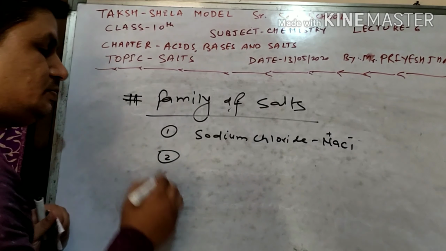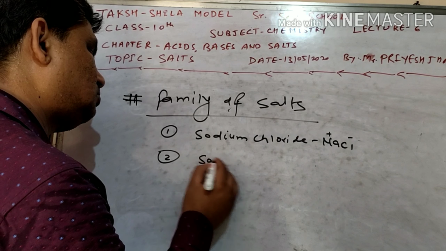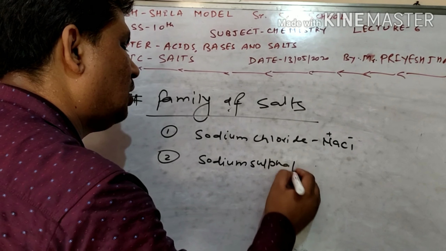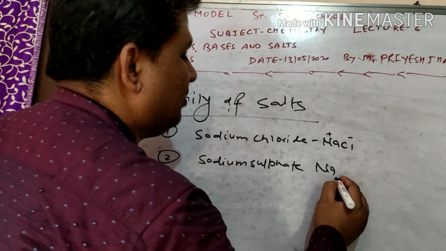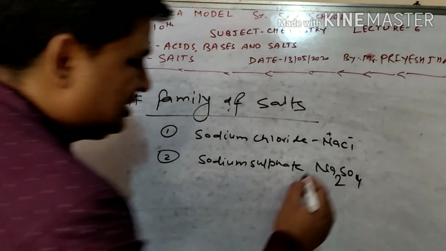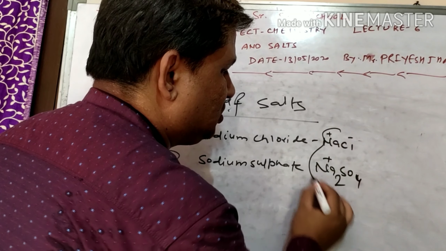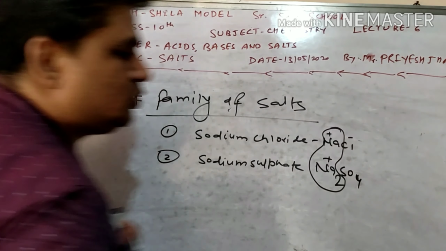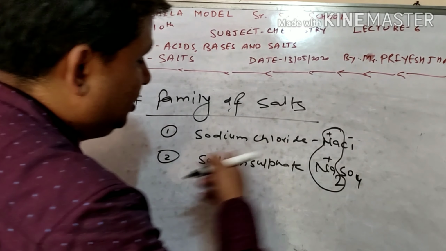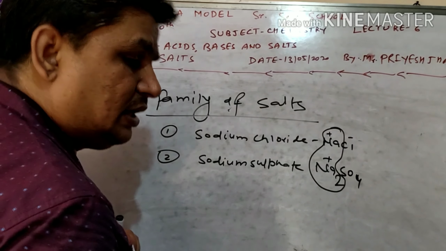In case of sodium sulfate having chemical formula Na2SO4, in this case the charge on both sodium atoms is the same and the negative charge is different in the two salts.